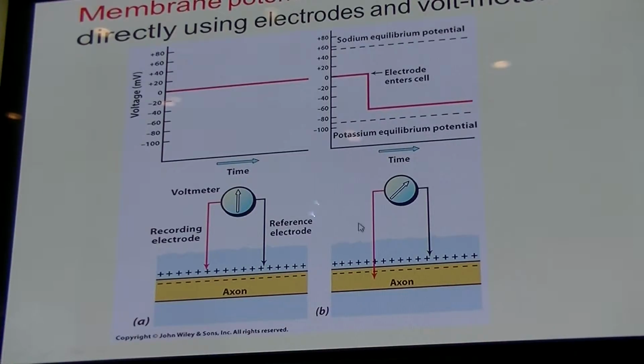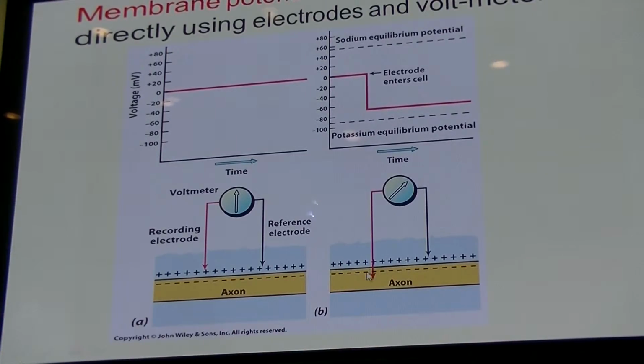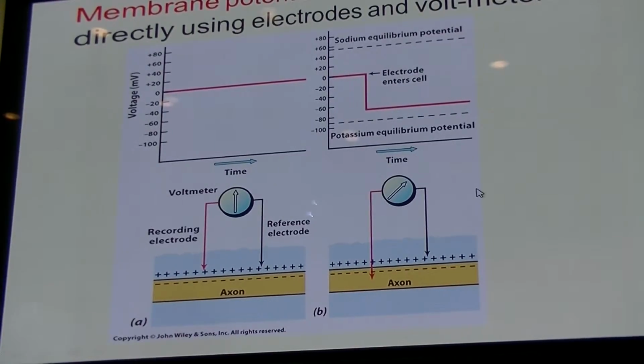And then you can have a second electrode and you can stick it in, and now you can measure the potential difference between these two points. You can just measure voltage, directly measurable. So that's indicated here in these graphs, which I don't care too much about. You can definitely measure these.